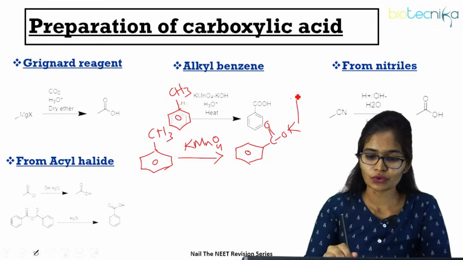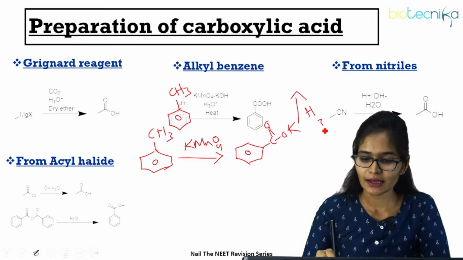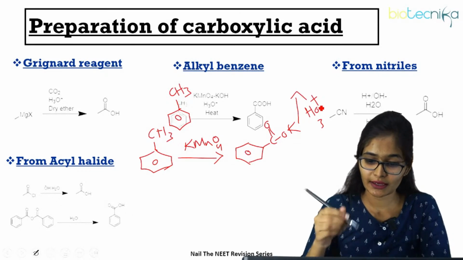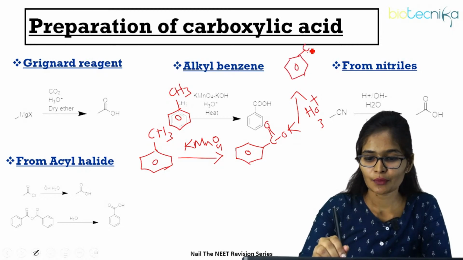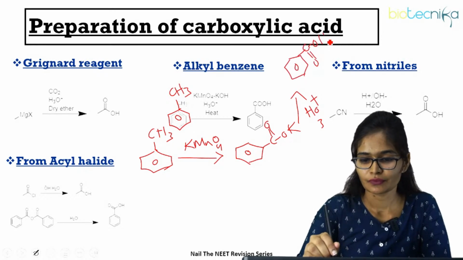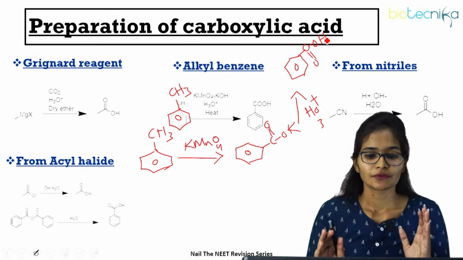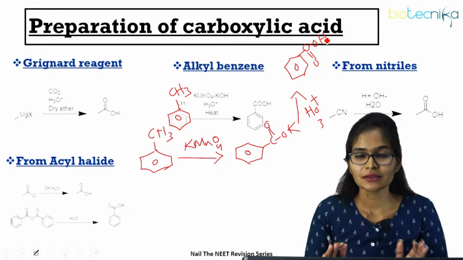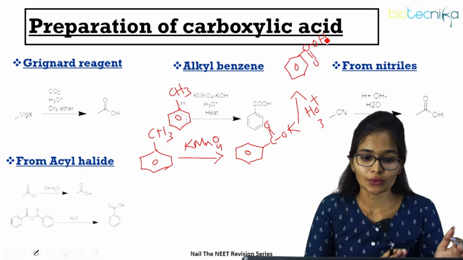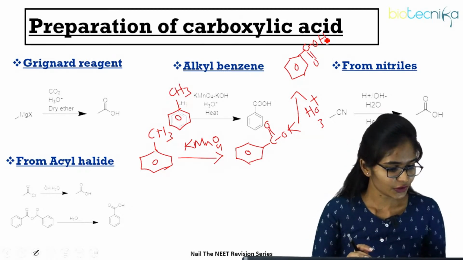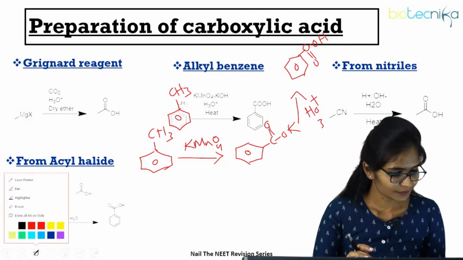Next you have to do acidic hydrolysis. You will get simple benzoic acid as a product. So this is what we are preparing from alkyl benzene: the carboxylic acid, that is benzoic acid, prepared from toluene. I hope students you are understanding.